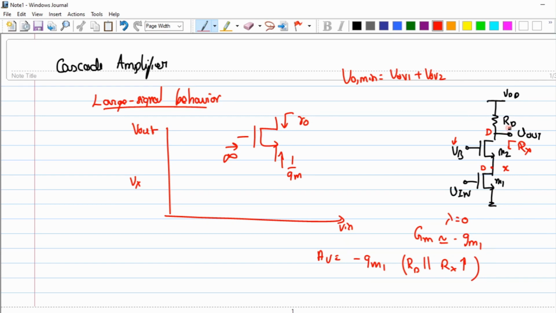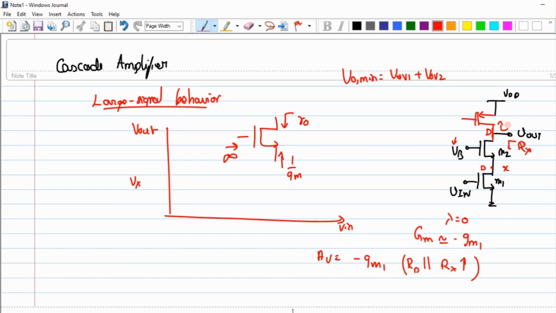So the whole point is that if I could replace this resistance with this device, will I get a high impedance? What is the value of resistance that I have when I look up? It is R naught, okay?